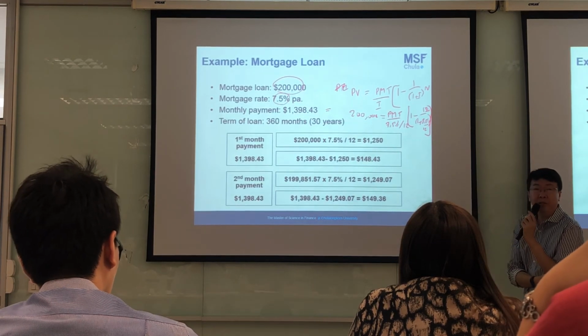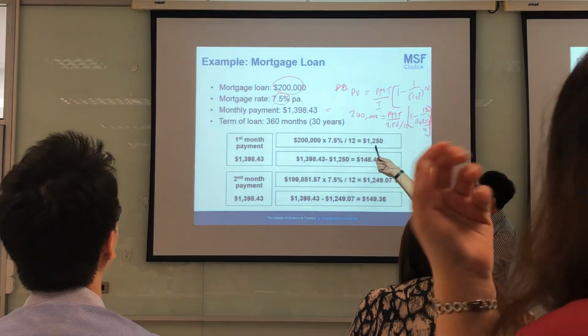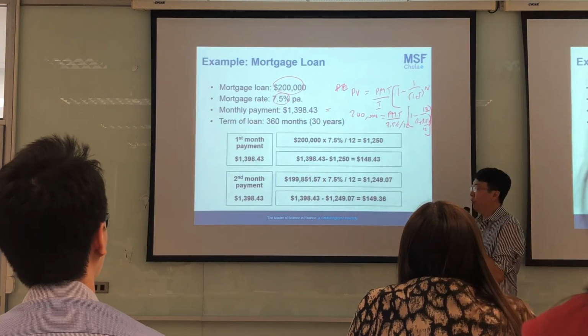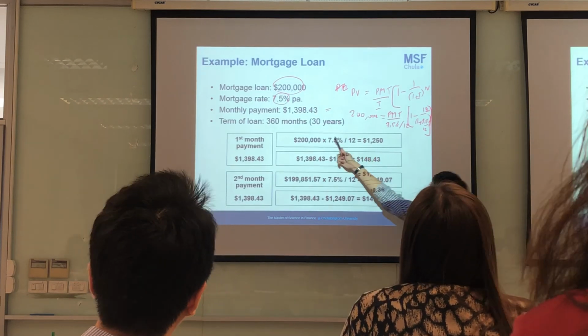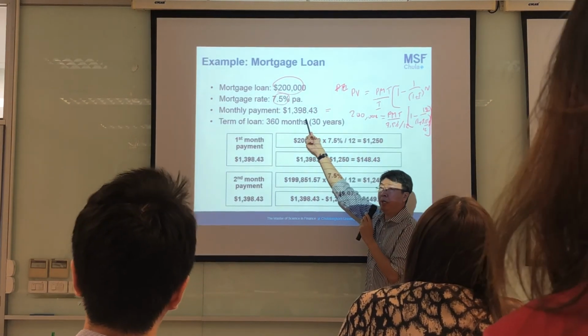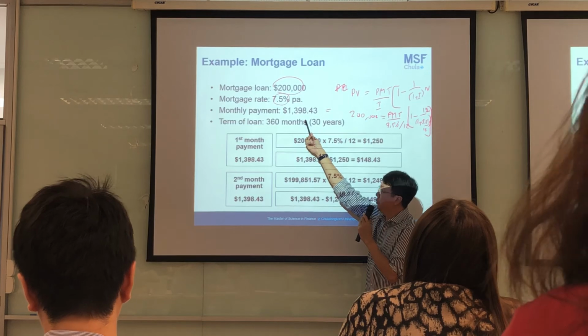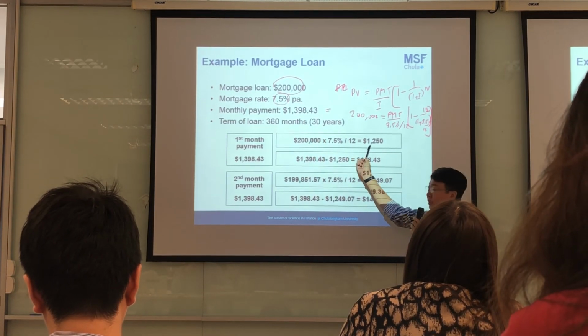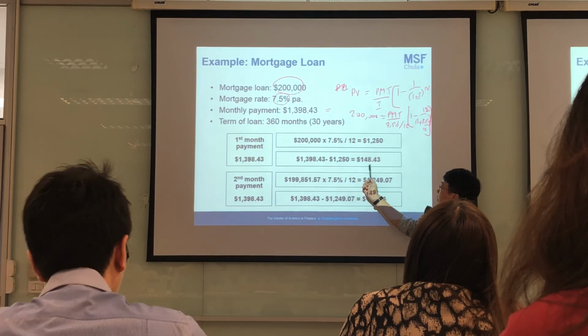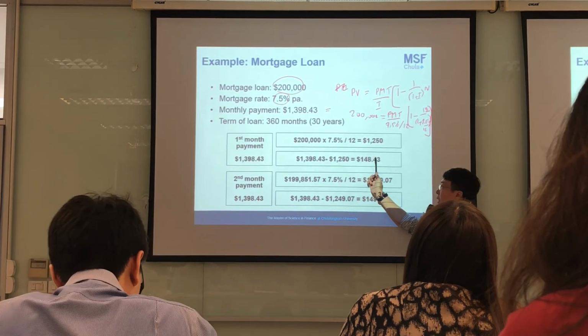So for month 1, you pay interest equal to 1,250. You pay this amount, and the rest pays the principal. You subtract the interest from the payment, and the rest pays the principal, right?